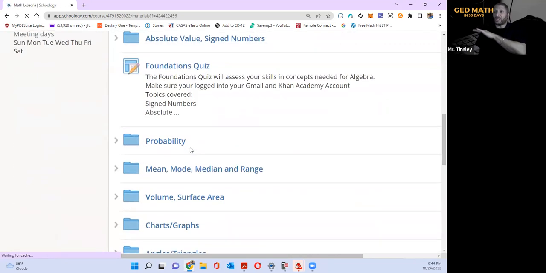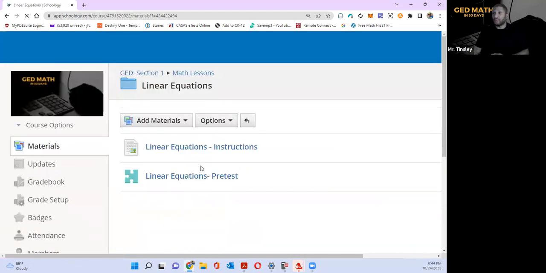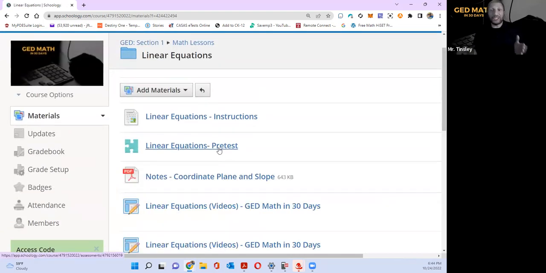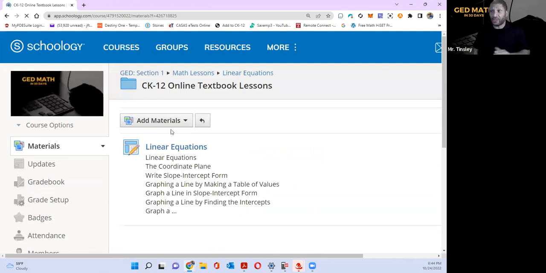So if I go over linear equations, boom, there's a pre-test to see what you know and what you don't know. If you score 80 or above on a pre-test, go to the next section. But if you don't, look, I got textbook lessons that teach you everything right here. It doesn't matter what it is about linear equations.